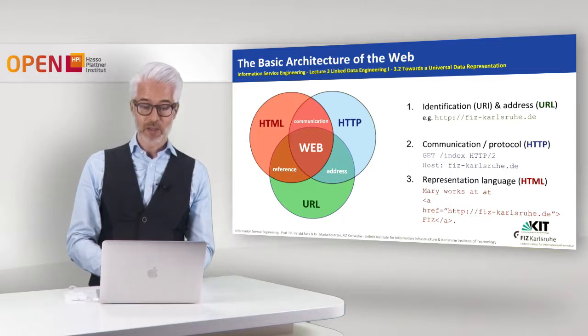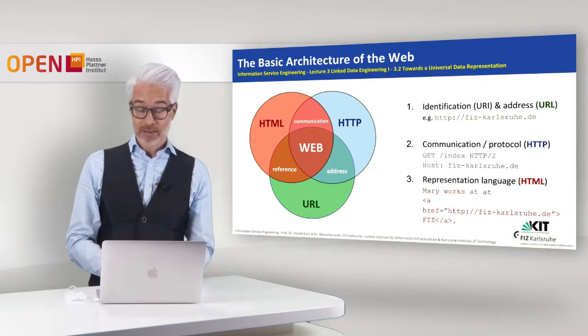So, to sum up again, for identification and addressing you use URLs. So for example here http://fitzkarlsruhe.de, this is the address of Fitz Karlsruhe. Then you see in the next line the communication protocol that is used, the HTTP protocol, and which host has been accessed via this HTTP protocol with the so-called GET operation, which tries to get the index page of exactly that host.